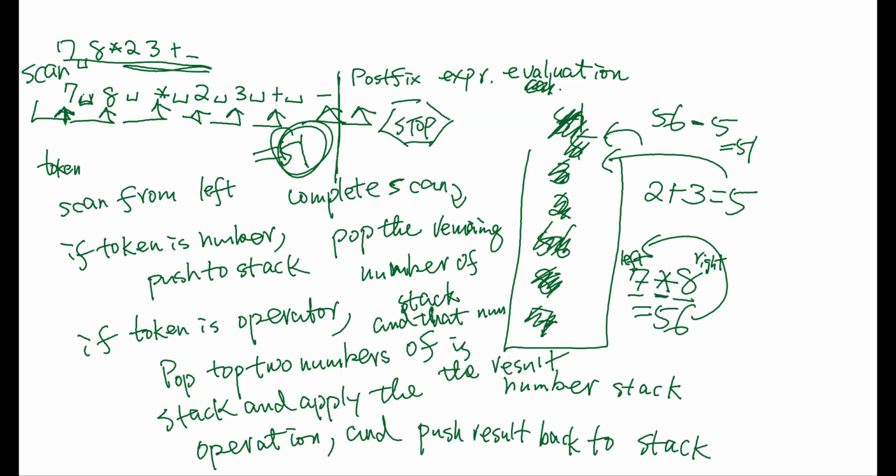Okay, we can try another example to get familiar with this algorithm. The other one is 3, then 6, then multiplication, then 5, then 7, then 3. Then minus, multiplication, and plus. This is a postfix expression.